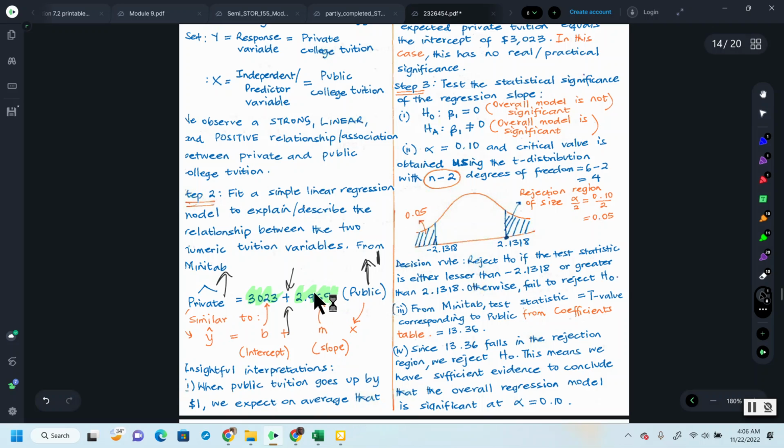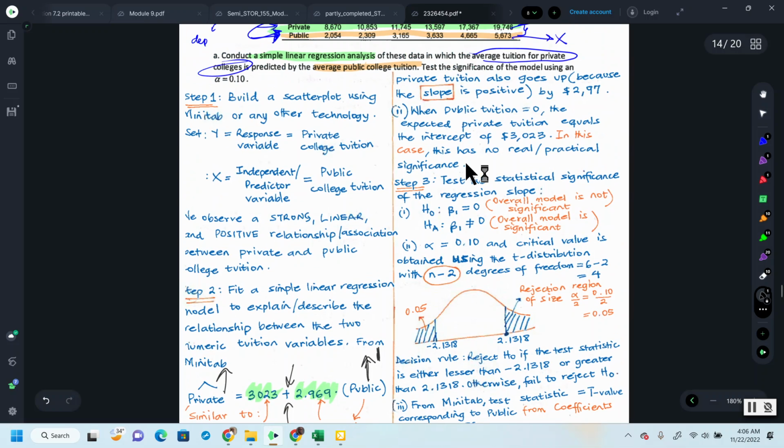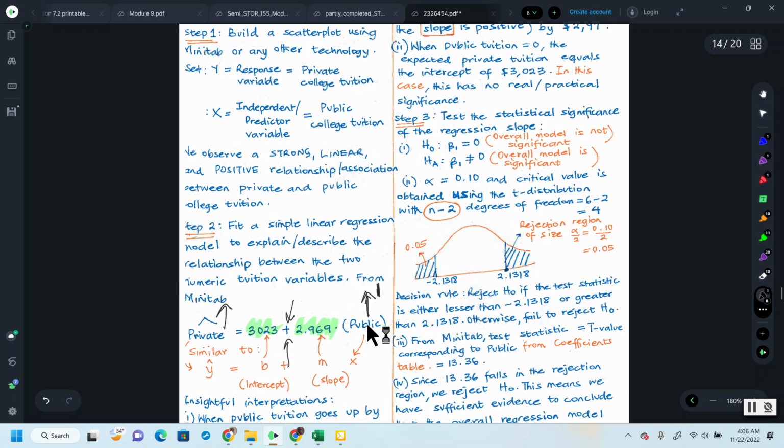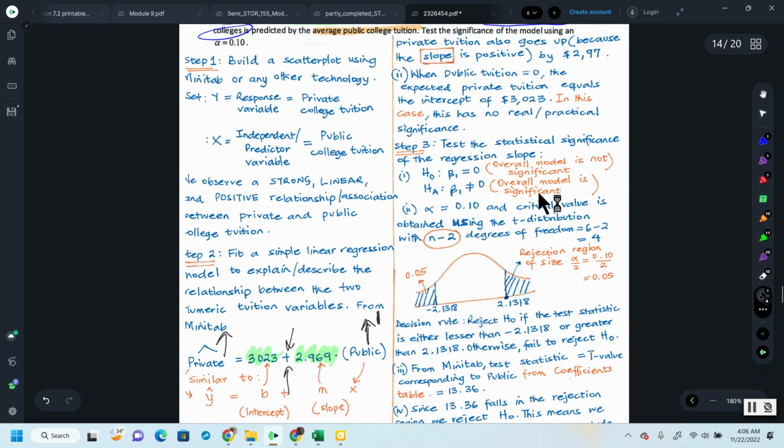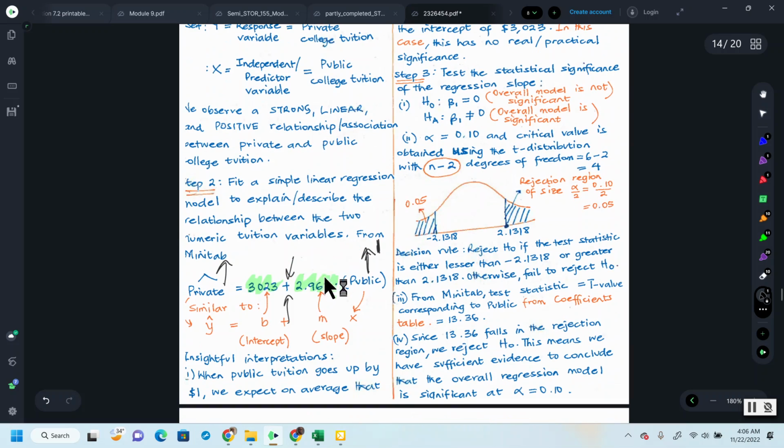By how much? By the value or the magnitude of the slope. So in this case, we expect private tuition to go up, because the slope is positive, by about $2.97. So take note, if public goes up by $1,000, that means private will go up by 2.969 times $1,000. So that is very important to note. That is the explanation of the slope of the regression line.